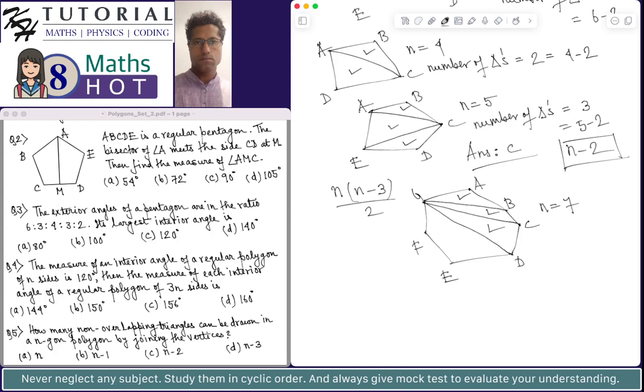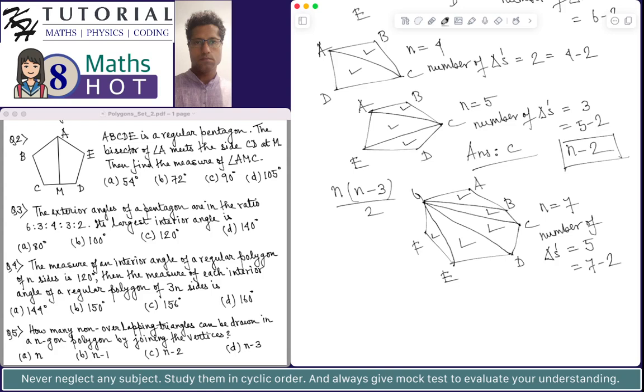I can connect G and E and form another non-overlapping triangle, this, and there is another non-overlapping triangle left, which is this. So for n equals to 7, we can see the number of non-overlapping triangles is 1, 2, 3, 4, 5, which is equal to 7 minus 2.